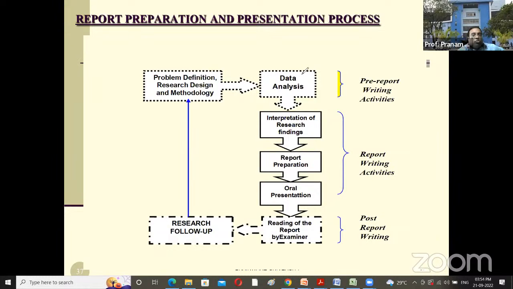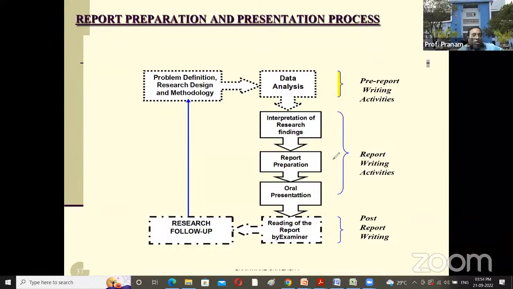Now, up to the stage of data analysis, it is called pre-report writing activities. Interpretation of research findings, report preparation, and oral presentation are known as report writing activities. And the last ones, reading of the report by the examiner and research follow-up, are known as post-report writing activities.